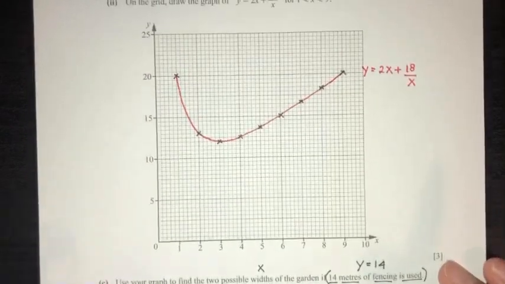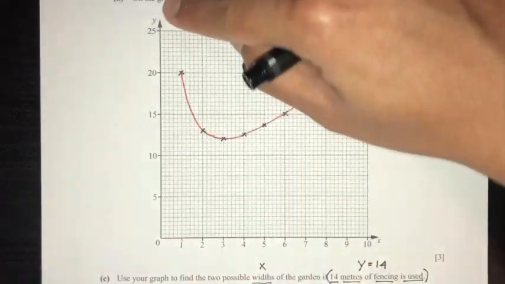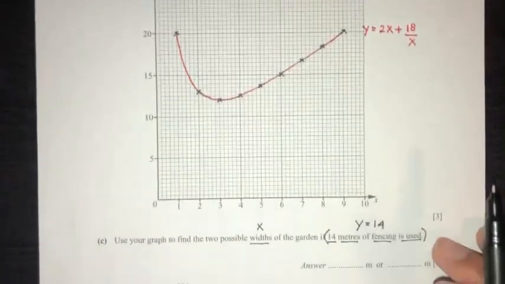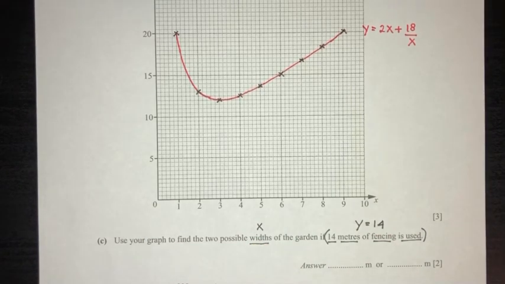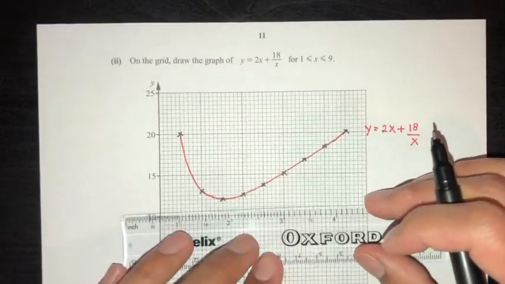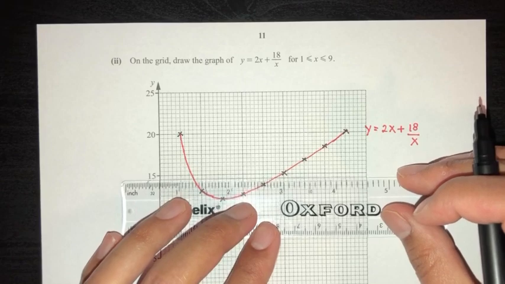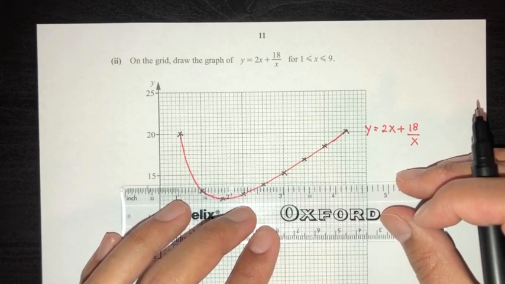So now given your graph, you see here we have y and here we have x. So how do you draw a graph like this? You guys must know by now y equal to 14 is a horizontal line at the value equal to 14. So we can just do that. Let's first see where that is. Here it is 15. 14 will be 2 squares down, should be about here.